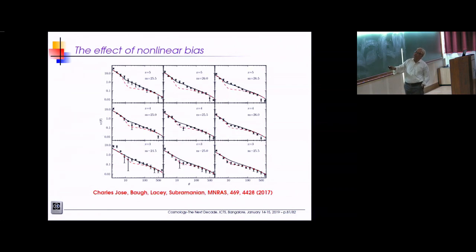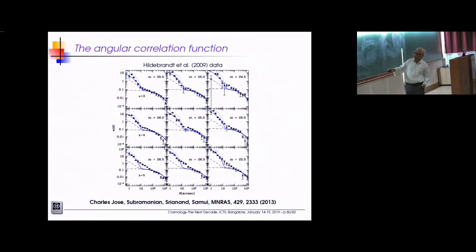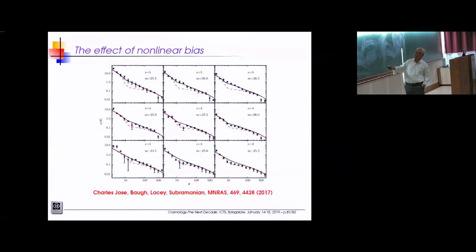If you incorporate the effect of the nonlinear bias in the quasi-linear regime, now yes, this is also from Charles. These panels have now gone up, by the way. So you can go through all the points. If you don't incorporate them, you get this deficit. But of course, now we get a slight problem in the lower redshift and fainter galaxies. Okay?